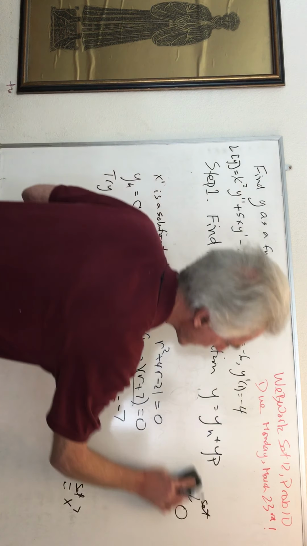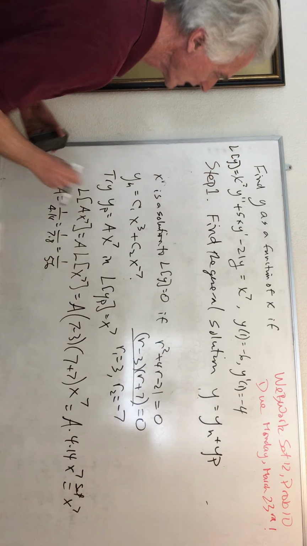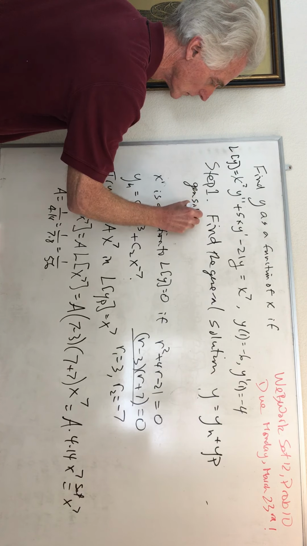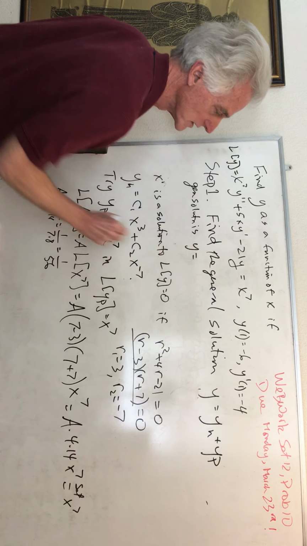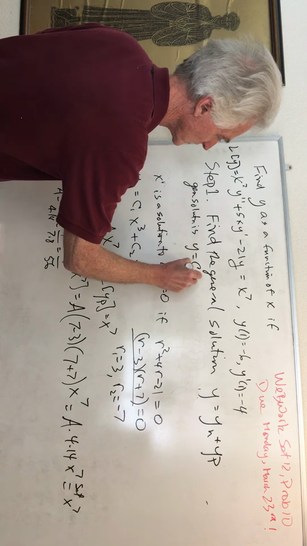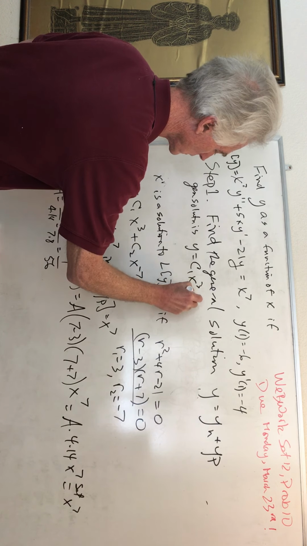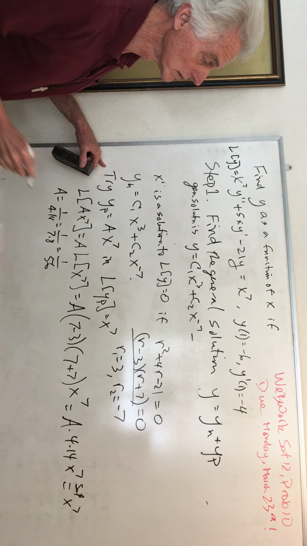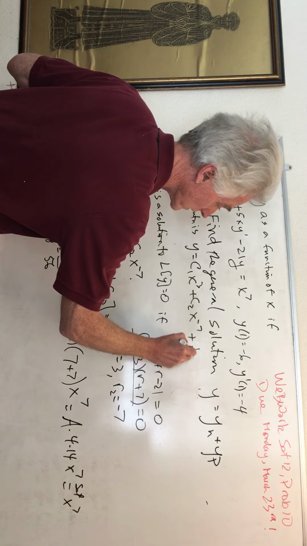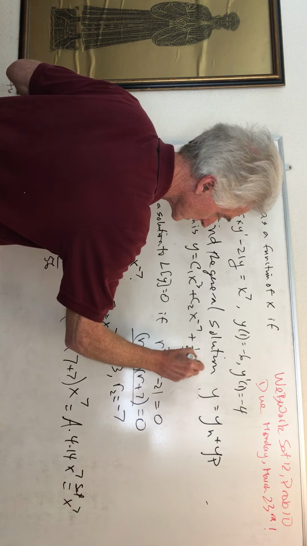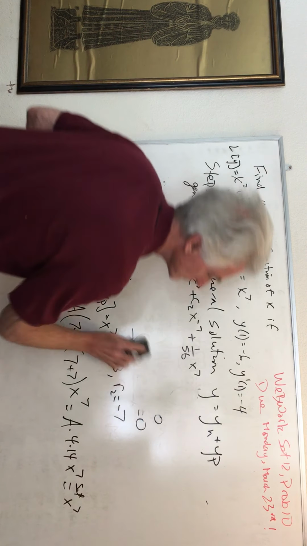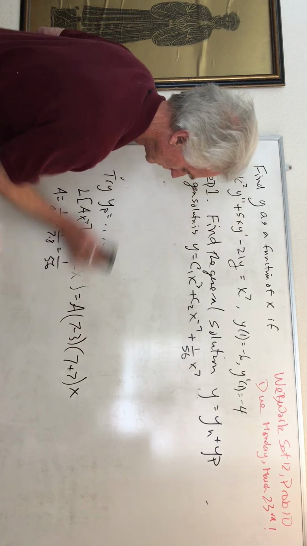We found yp plus yh. So the general solution is yh, c1 x cubed plus c2 x to the minus 7 plus yp, which is plus 1 over 56 x to the 7th. Right? And we're done with step 1.